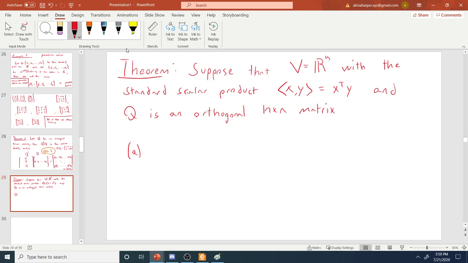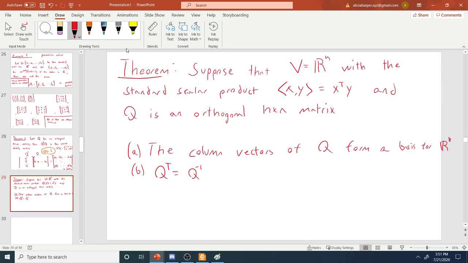The first one basically follows from the definition of what an orthogonal matrix is. The column vectors of Q form a basis for Rn. Again, this kind of follows directly from definition. The second property is that Q transpose is equal to Q inverse.